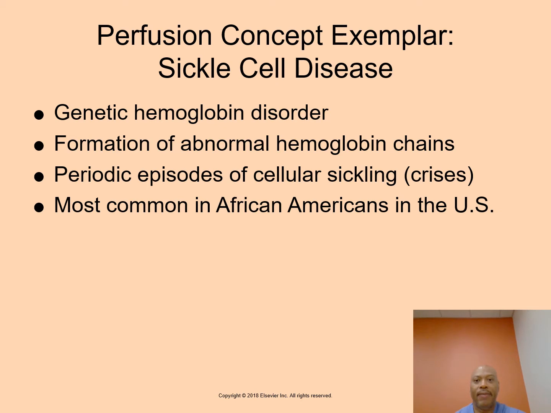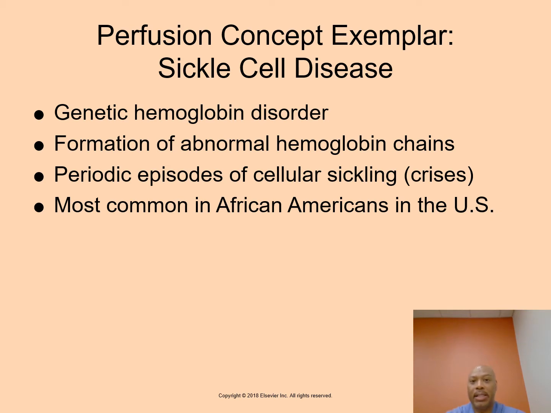Now, formation of abnormal hemoglobin chains: in sickle cell disease, the hemoglobin S is sensitive to low oxygen content, and this leads to abnormal beta chains. They actually contract. They also pile together within the cell, and of course, this distorts the cell into a sickle shape.